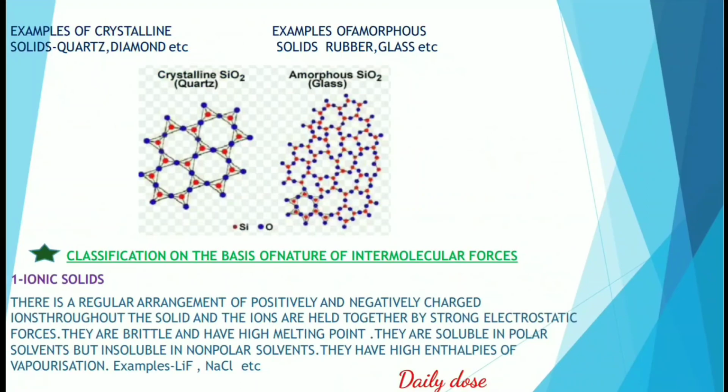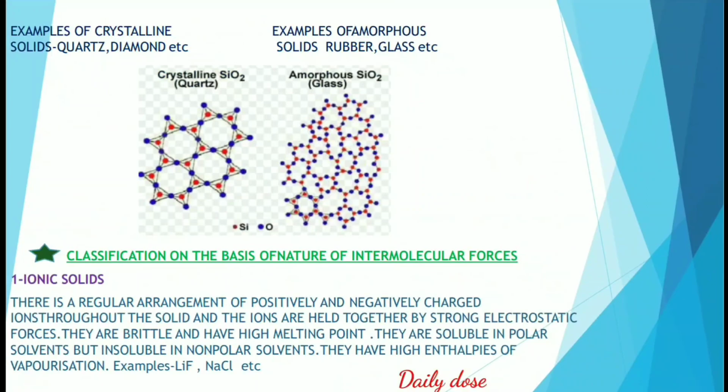So you can see the arrangement of the crystalline silicon dioxide and amorphous silicon dioxide, that is the quartz and the glass. So you can see the orderly arrangement of the atoms in crystalline silicon dioxide and the haphazard arrangement of the atoms in amorphous silicon dioxide.